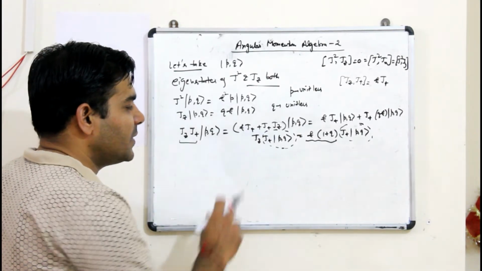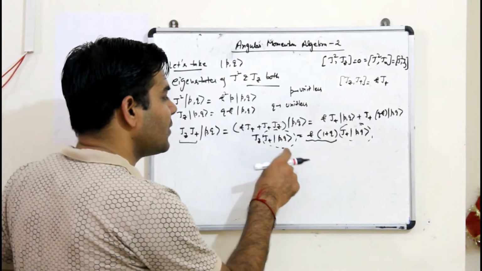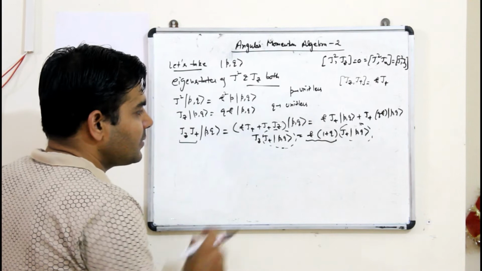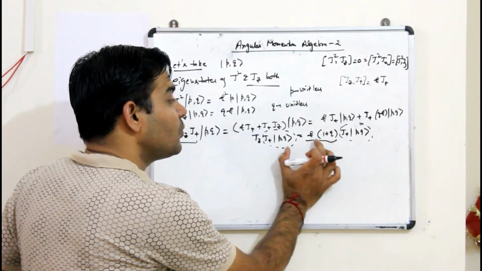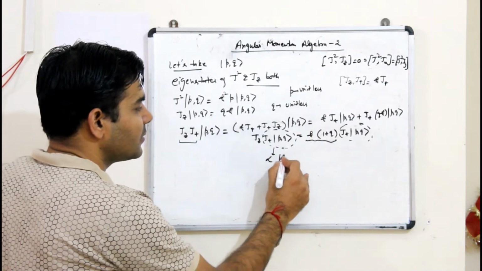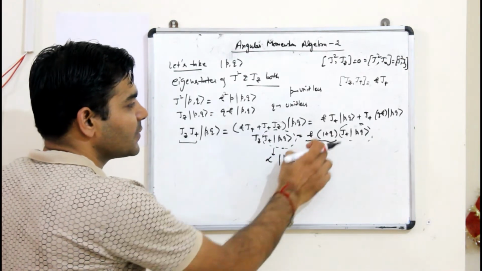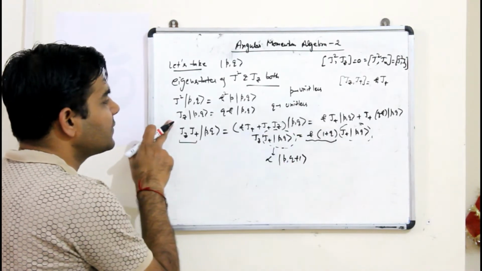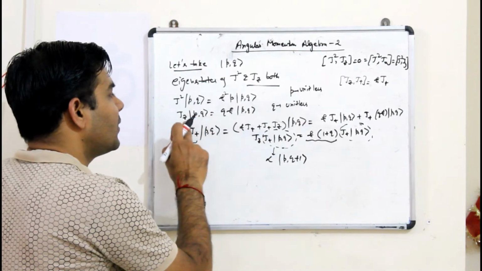And from this relation, we can conclude what the action of J plus is on this. Since it is an eigenstate of Jz giving the eigenvalue (q+1)ħ, this state should be proportional to |p,q+1>. Only then can Jz acting on this give me q+1, because the action of Jz on this state results in q, not in p.